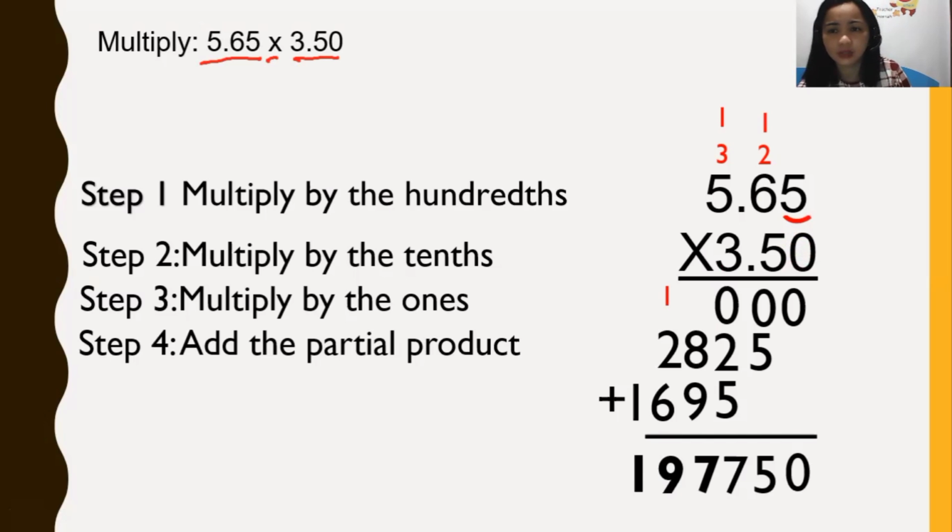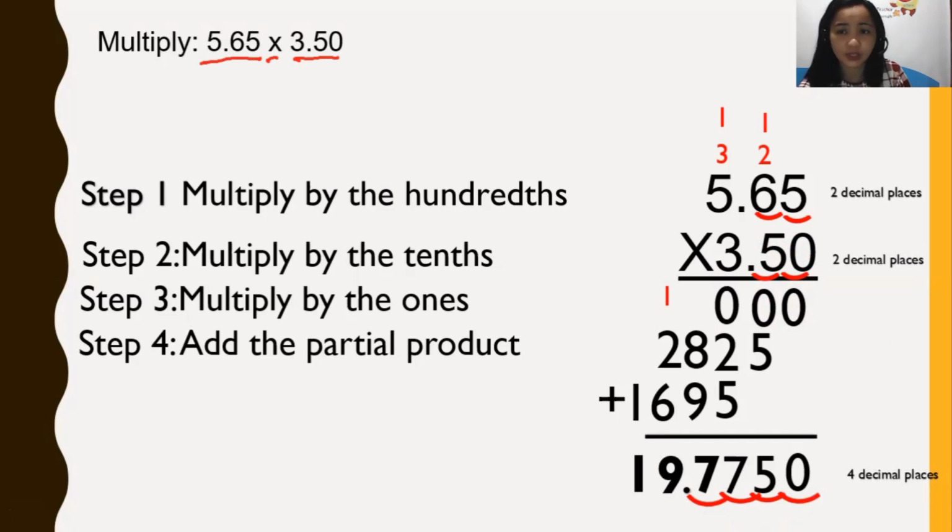So let's count the decimal places. We have 1, 2. 2 decimal places. We have 1, 2, another 2 decimal places, the total of 4 decimal places. There should be 4 decimal places in our product. We have 1, 2, 3, 4.